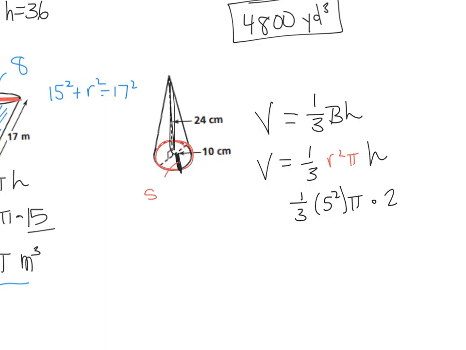That makes a 90. So 1/3 of 24 is 8. 8 times 25 pi. Think of how many dollars 25 is, or 8 quarters, is $2, sorry. So it's 200 pi is exact, centimeters cubed.